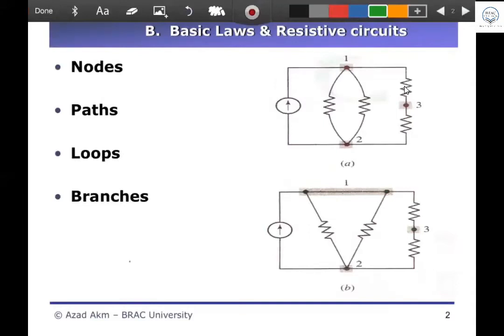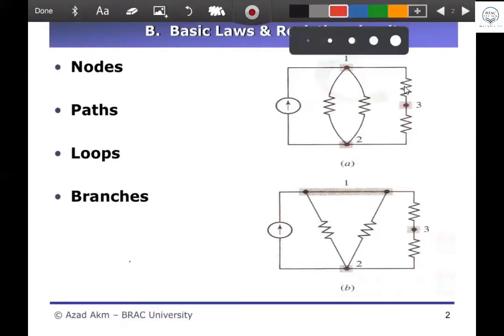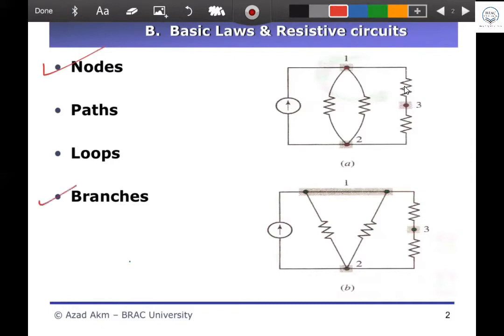Among the parameters we are going to talk about, the first is node. These are the definitions of the circuit parameters. What is node? What is branch? What is path? What is loop? These are the things we are going to discuss.